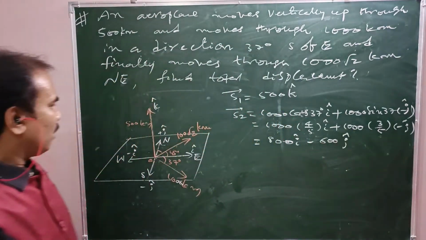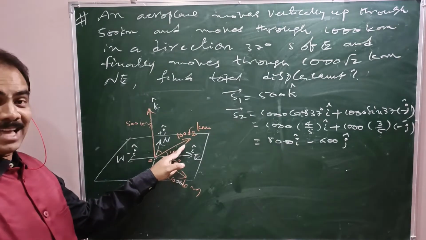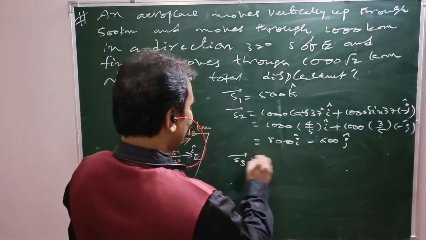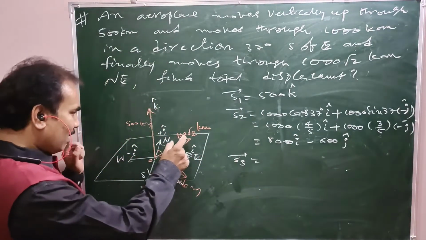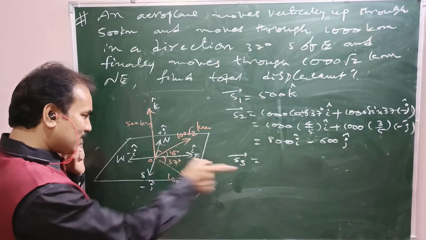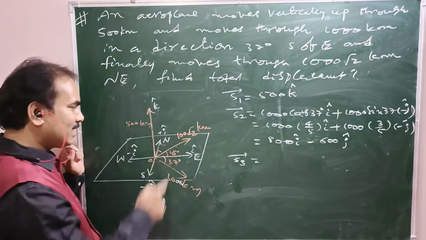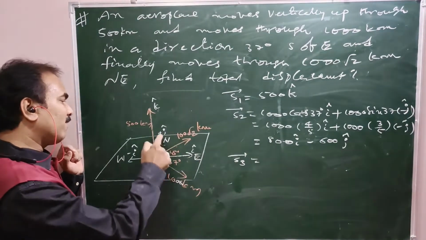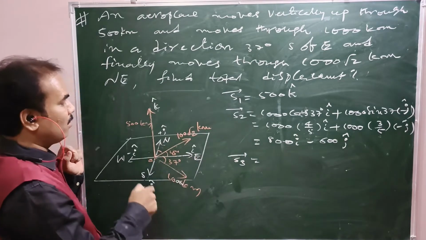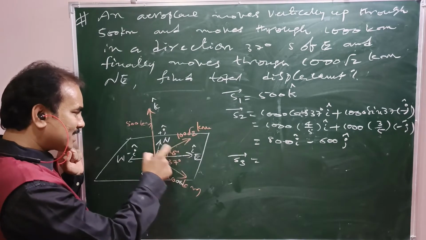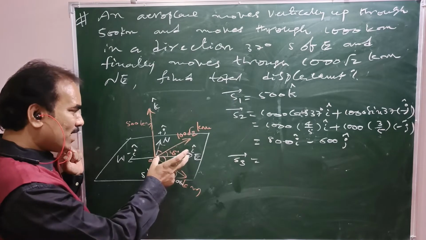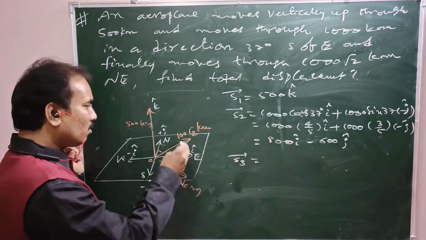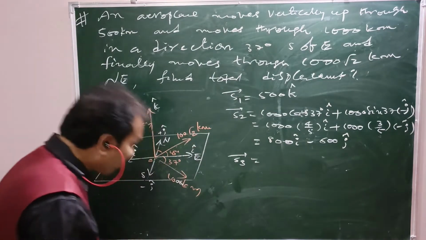Now what about the third vector S3 bar? Once again, x component into i cap plus y component into j cap. That vector is located in the first quadrant, whereas the earlier one is in the fourth quadrant. In the first quadrant both x and y are positive. What is the x component? 1000 root 2.